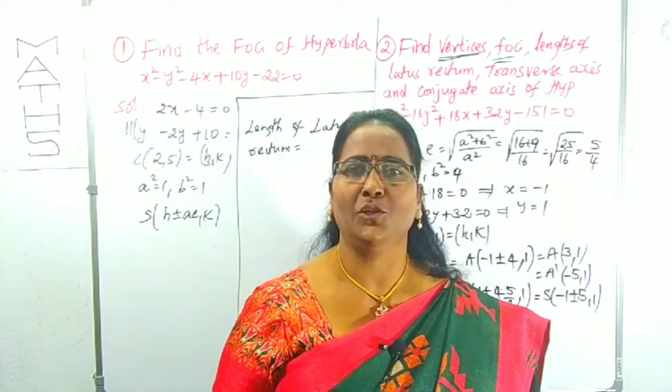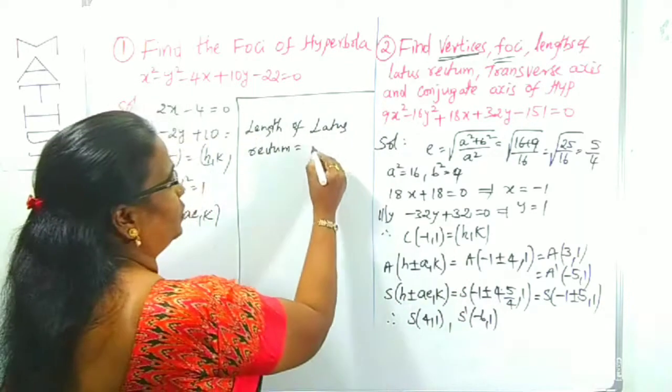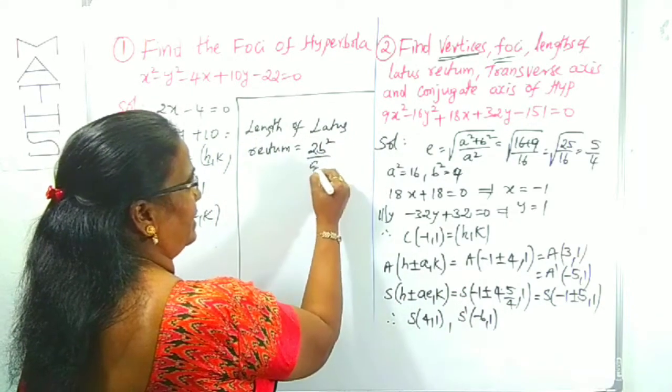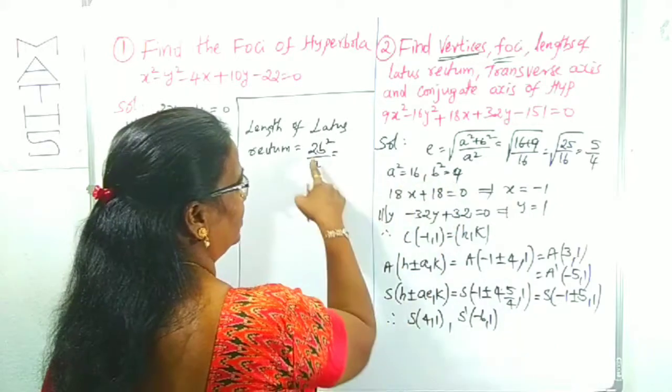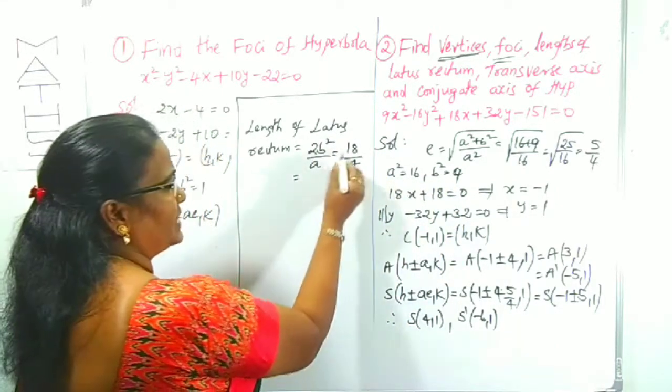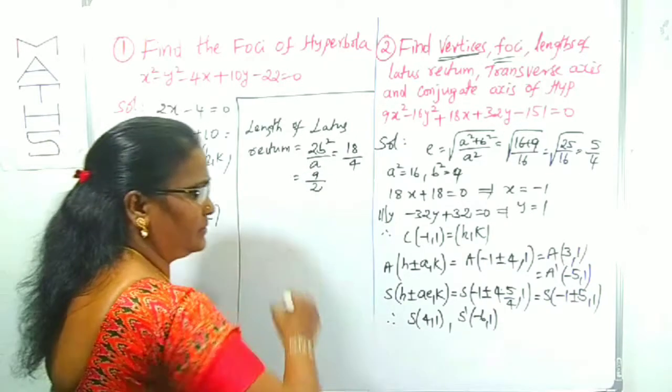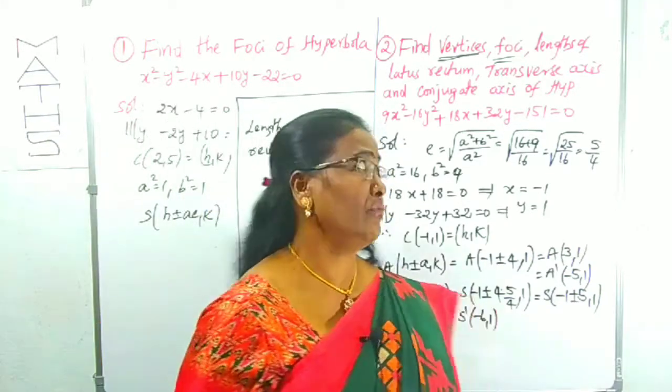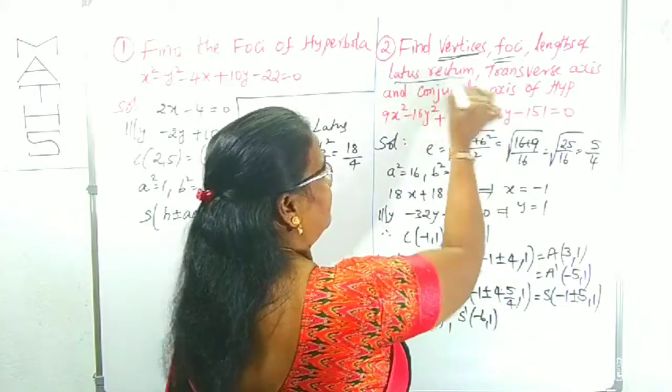Yes, exactly: 2b square by a. b square is 9, 2 into 9 is 18, 18 by a, which is 4. So 2 gets cancelled, it will be 9 by 2. Clear? Now this part is closed, the latus rectum length.